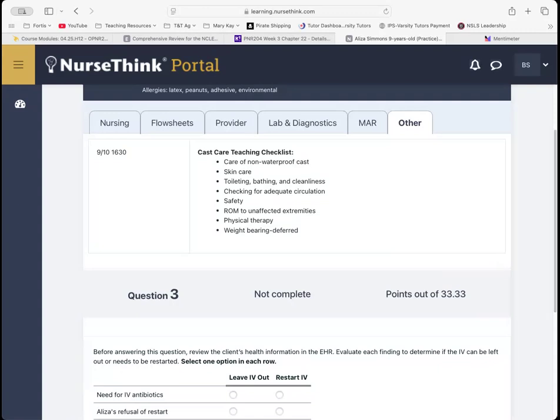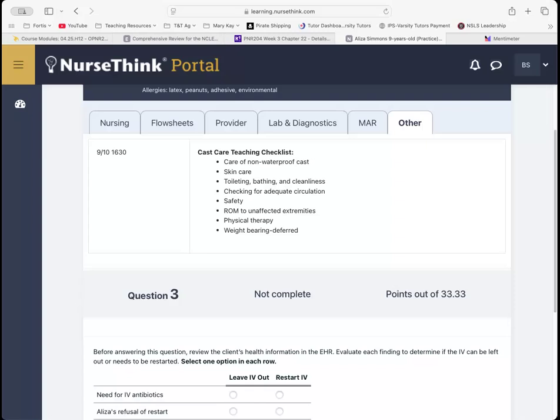Anything else that we might be missing here? Or things that you want to emphasize with cast care? Not to stick anything into the cast. Yes, casts are itchy, and our first reaction is to shove something in that cast so that we can scratch.